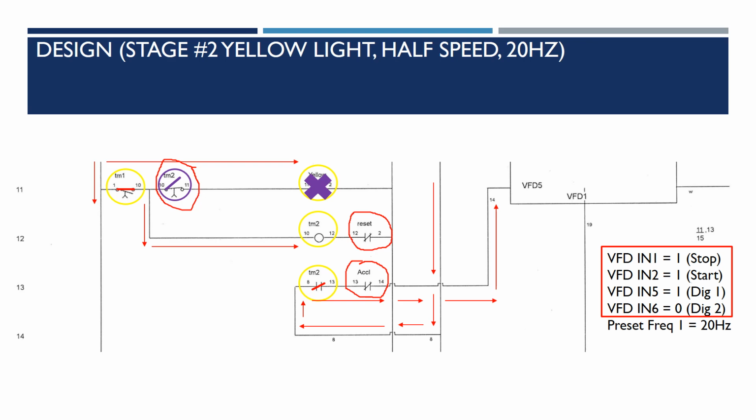We're using this as an interlock so that as the timer expires during each stage, these contacts stay open and will not allow a situation where we have more than one light on at a time. And this concludes this portion of the stage. On to stage 3.